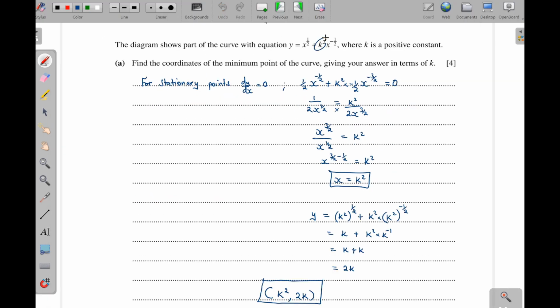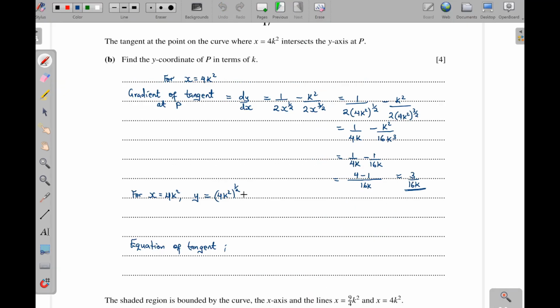Then we have k squared and x power negative what? A half. So we shall have plus k squared, then x, which is 4k squared, to the power of negative a half. So what does this one give us? So the square root of 4 is of course a 2. And then the square root of k squared is k.